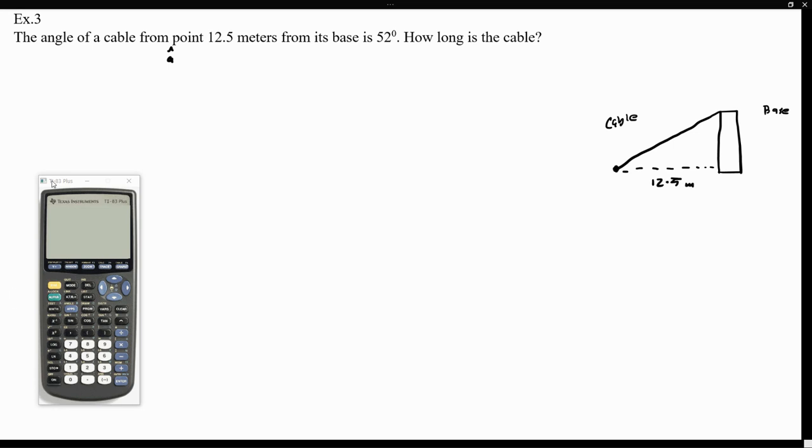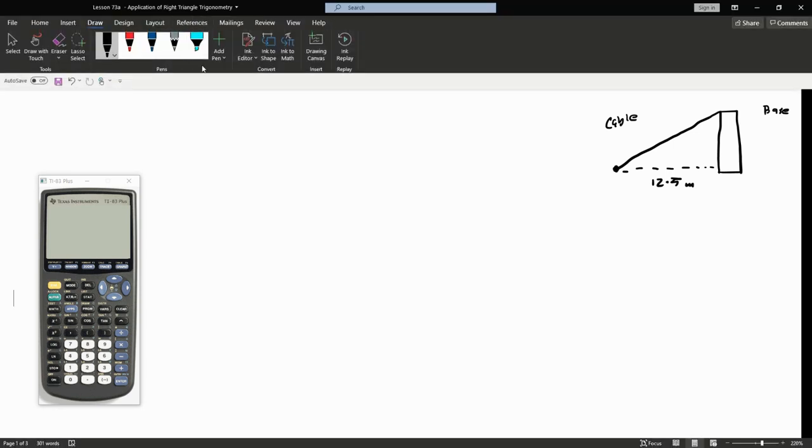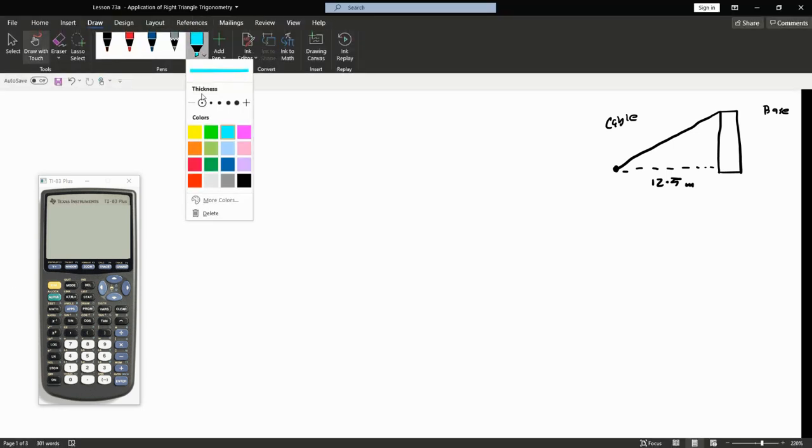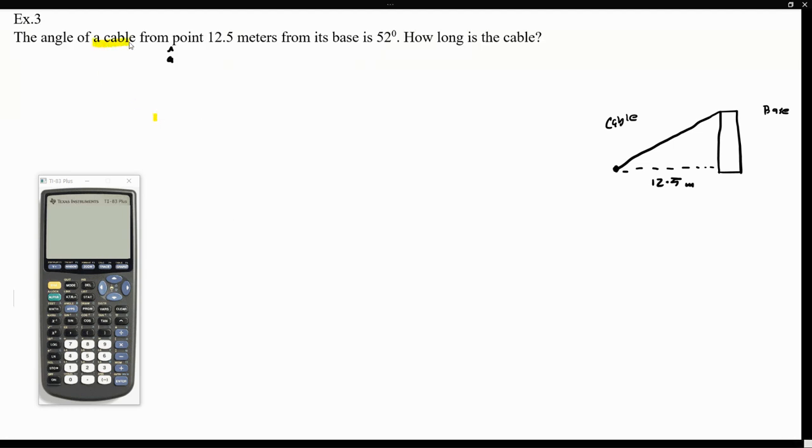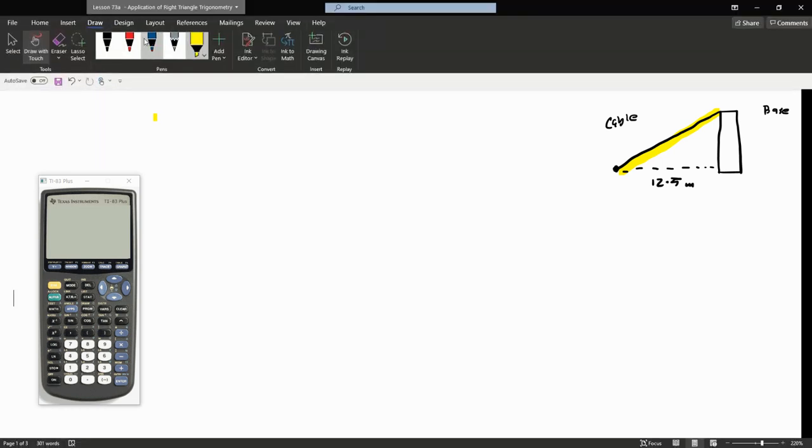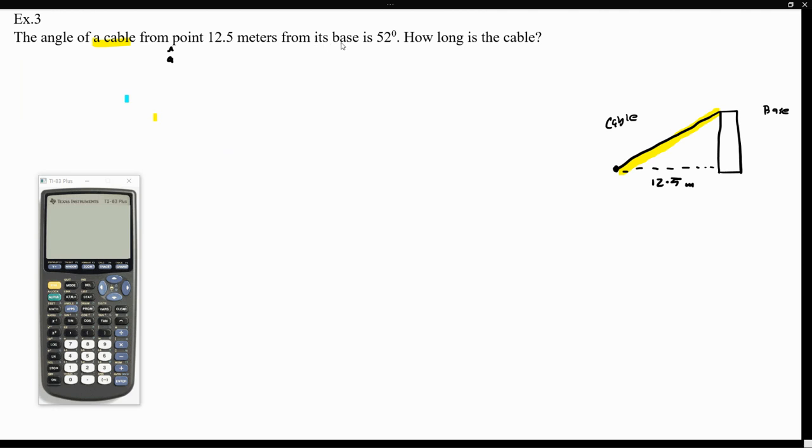So here we have a cable, represented by this line, which is 12.5 meters away from its base. But the base is going to be this figure that I just drew here. So this is our situation.